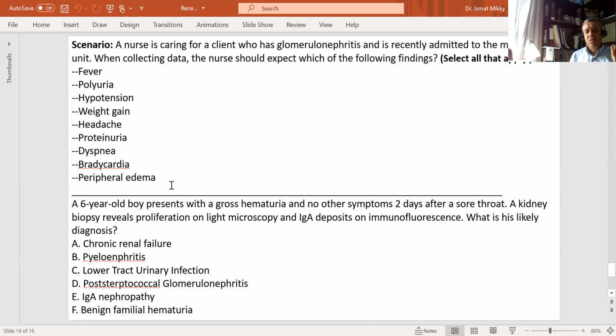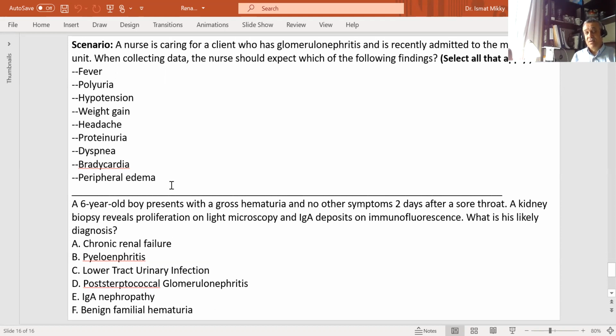It is most commonly seen in children, with the prevalence in boys outnumbering girls 2 to 3 times.